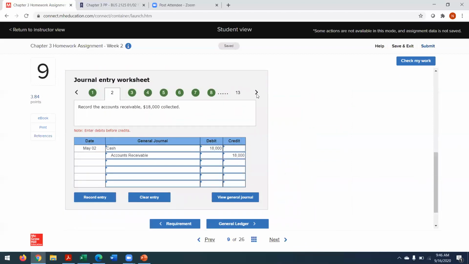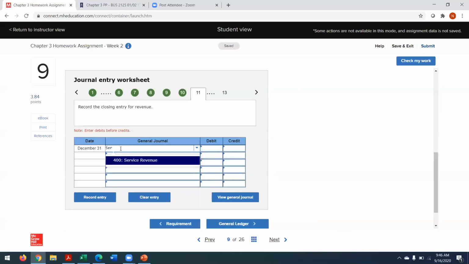So now they want us to go to number 11. Close the revenue accounts. So we will debit our service revenue for how much?